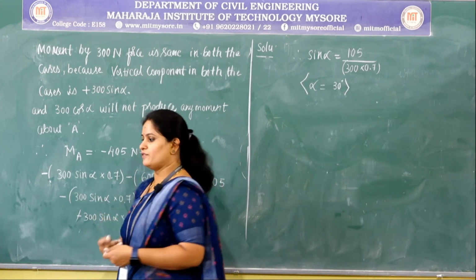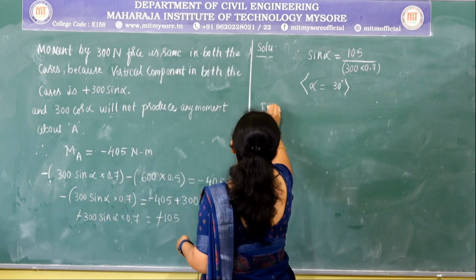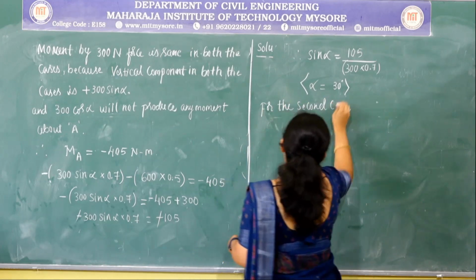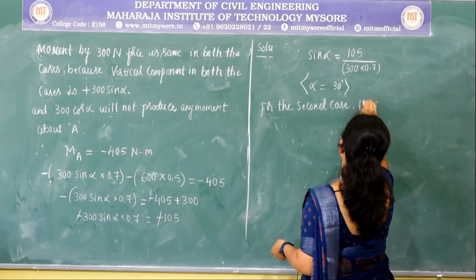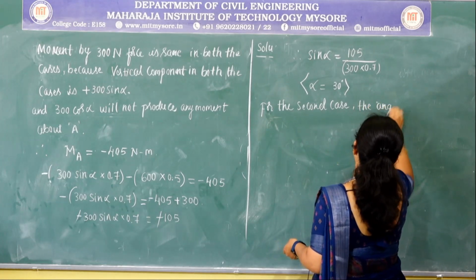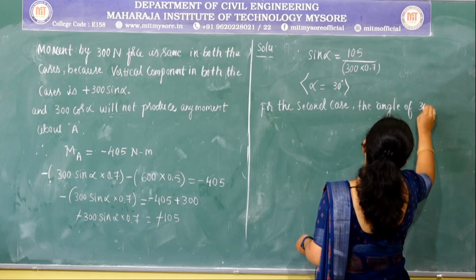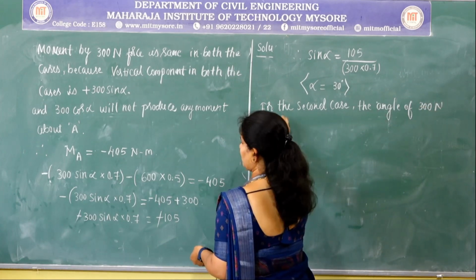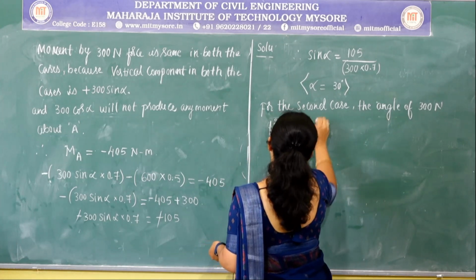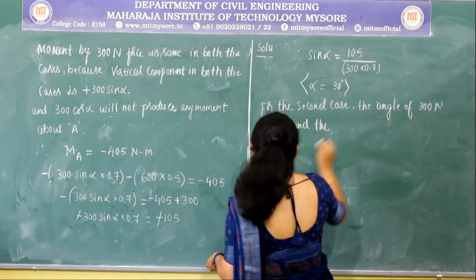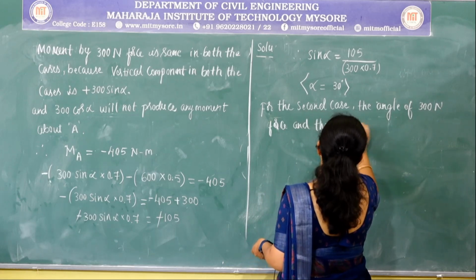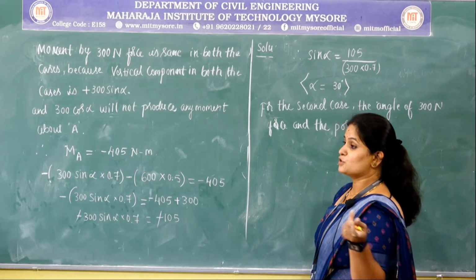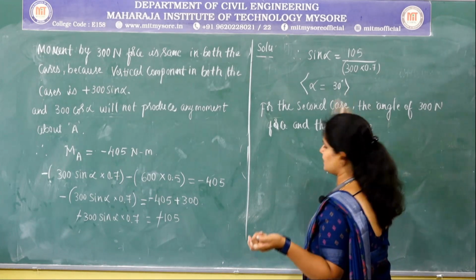The second value of alpha will be for the second case, the angle of the 300 Newton force with the positive x-axis. We have considered the angle alpha in the second case with respect to the negative x-axis, so that angle is 30 degree only.